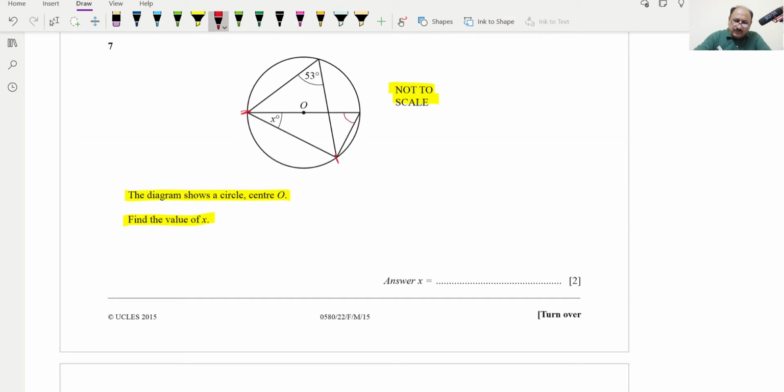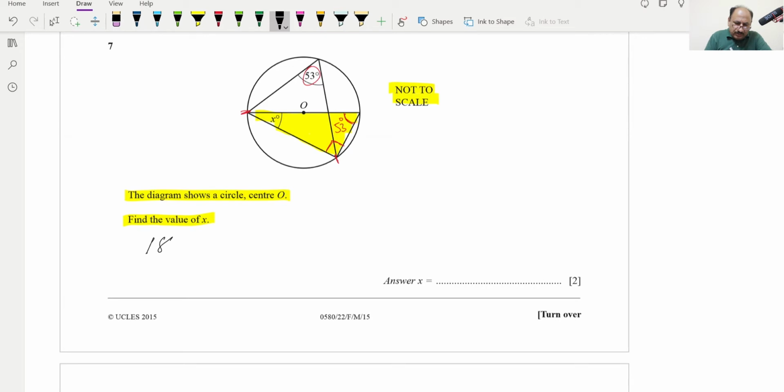So if this is 53, this angle will also be 53, and this is basically the triangle in a semicircle, and triangle in a semicircle we know is a right angle triangle. So this will be right angle, it means this is 90 degrees. So we have two angles, so we can find the third angle.